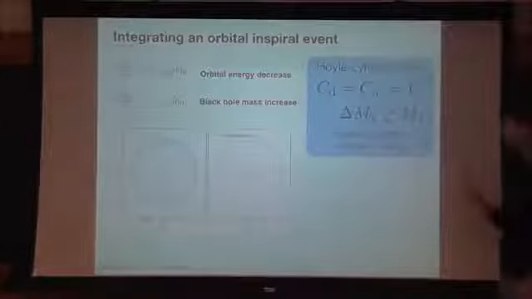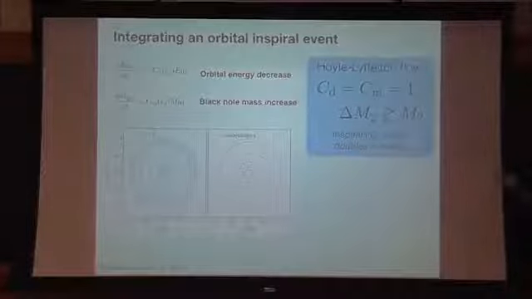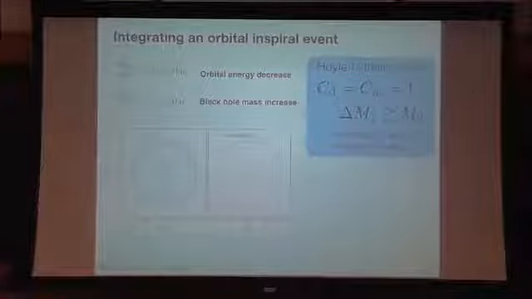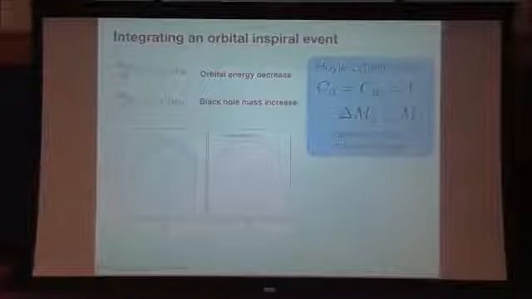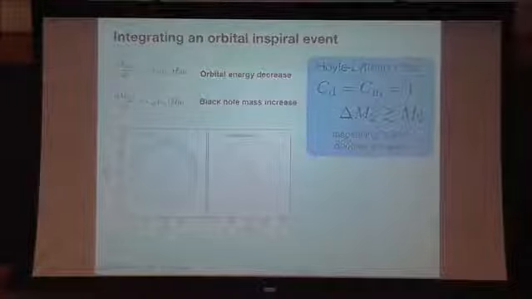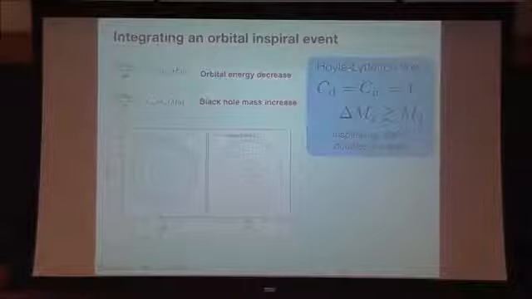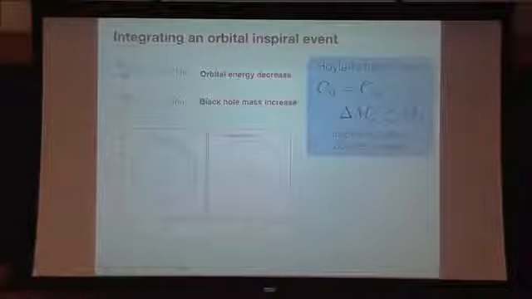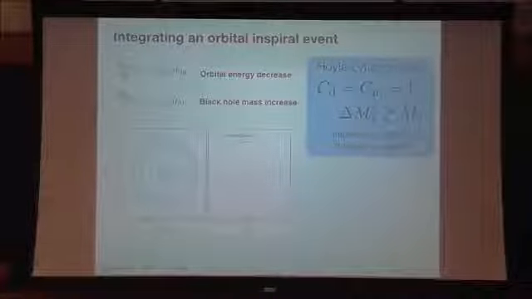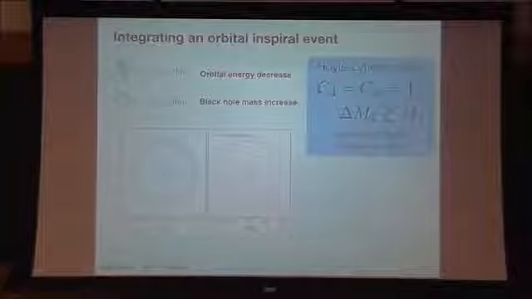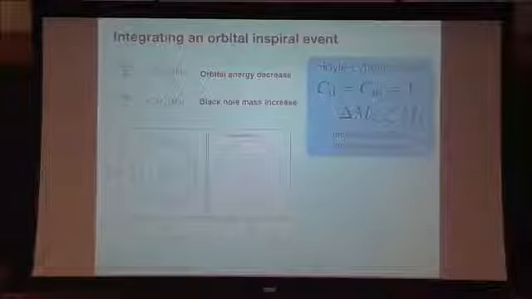So with coefficients of 1, which I showed you are about right for normal homogeneous flow towards an object, the change in mass of the in-spiraling object is something like the reduced mass of the envelope and the object itself. So it gains a mass of order its own mass. That means if I start with a 10 solar mass black hole, I end up with a 20 solar mass black hole. And maybe you think, oh, that could be good.